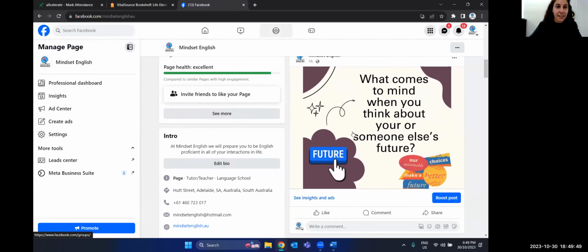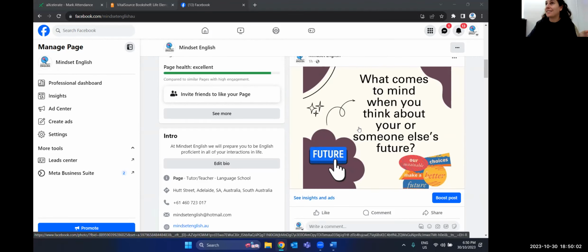So if you don't have Facebook just online, you can add it in the chat. You have to write about a person. So you can pick someone, maybe you or your mom or the president of your country or someone, and write about what do you think about their future.